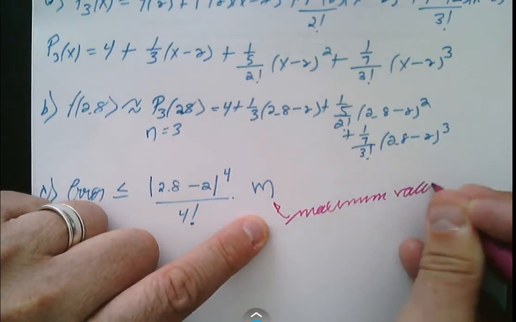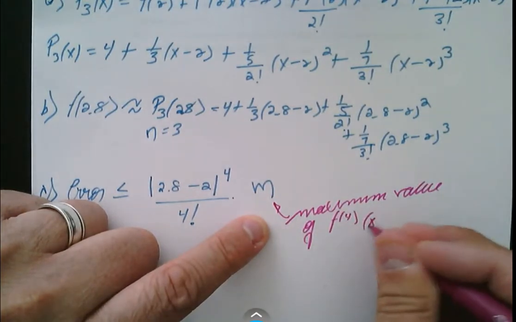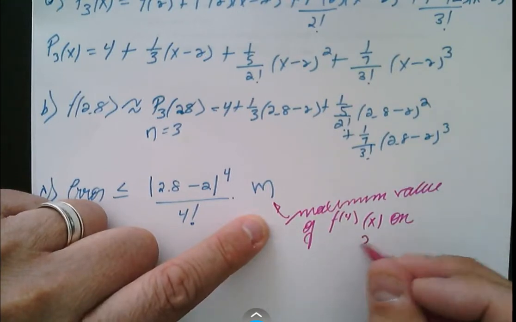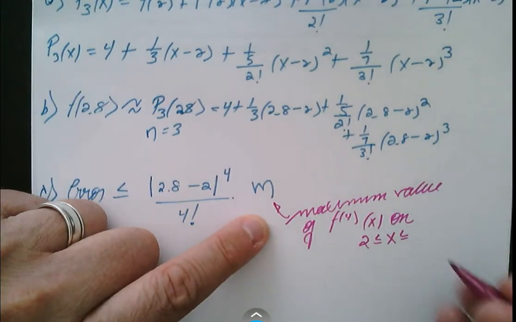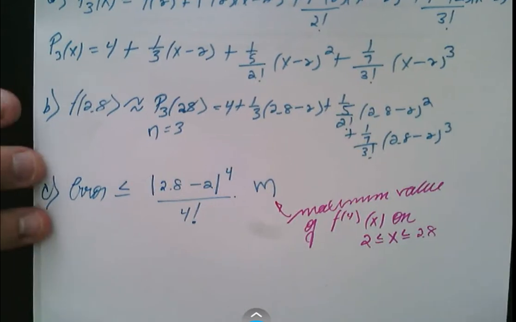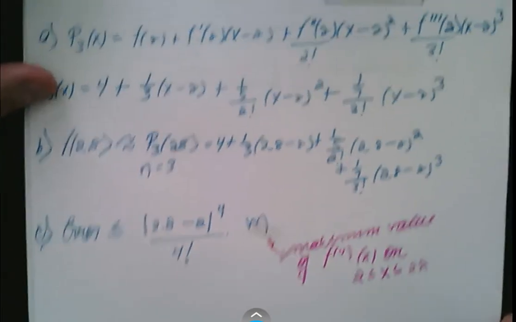It's the maximum value of your fourth derivative on the interval containing your center out to the point that you're approximating, which is 2.8. And at first you might say, well, how the heck am I going to find the maximum value of the fourth derivative on this interval?